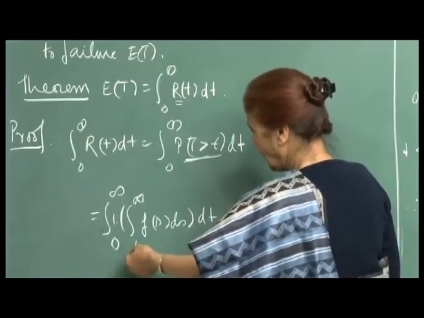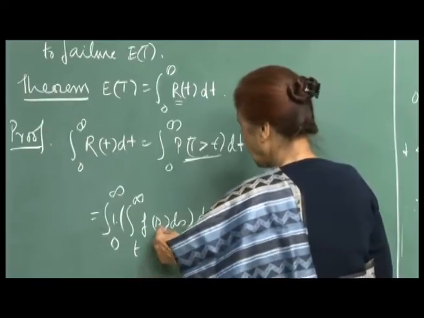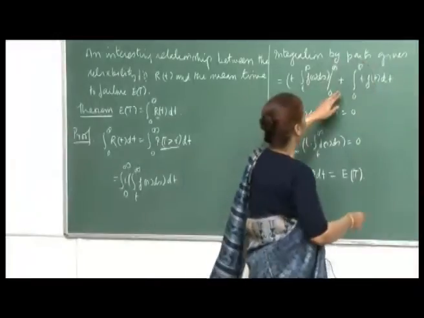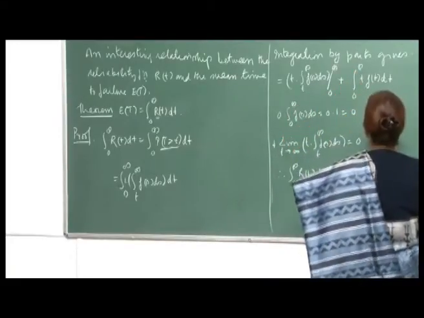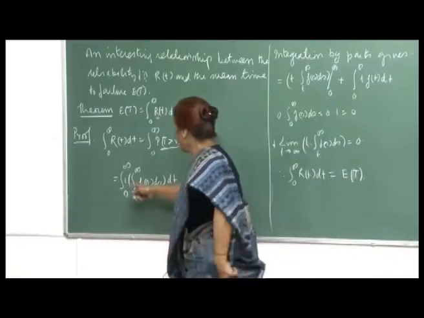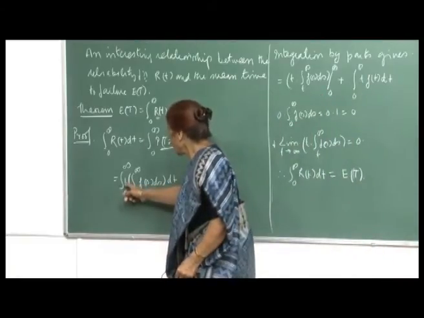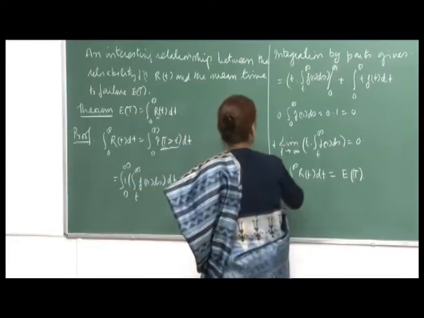So there will be a minus sign from the by-parts formula, and since the lower limit is a function of t, there will be another minus sign, and the derivative of this will be f(t). So the sign will become plus and this will be 0 to infinity t f(t) dt. So if you apply integration by parts, treating this as the first function and this whole thing as the second function, then you can write this.